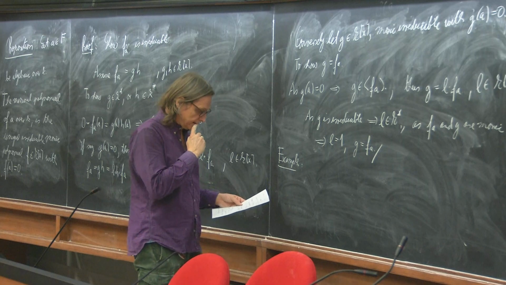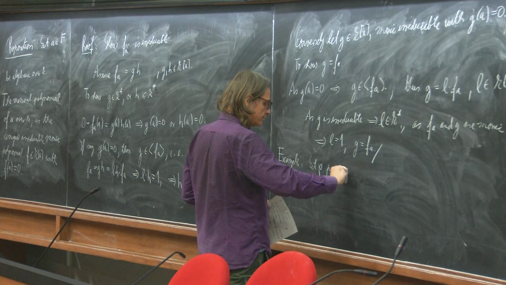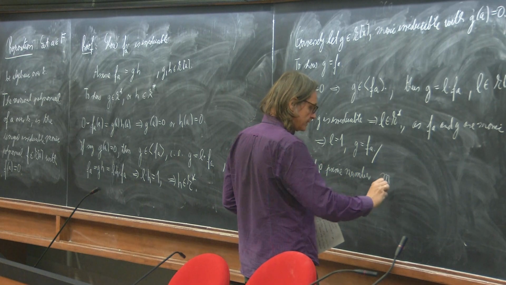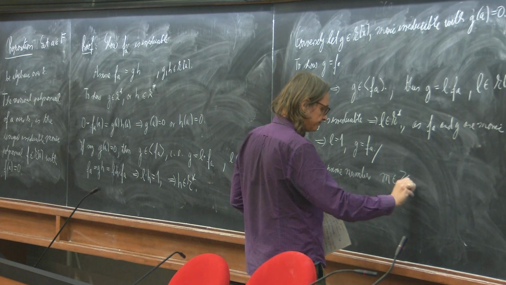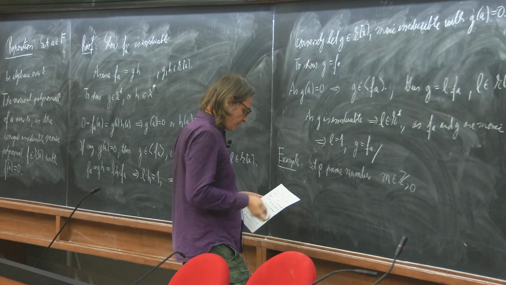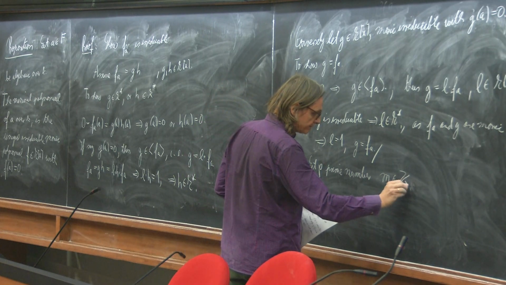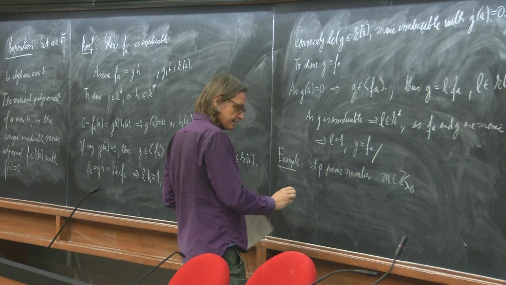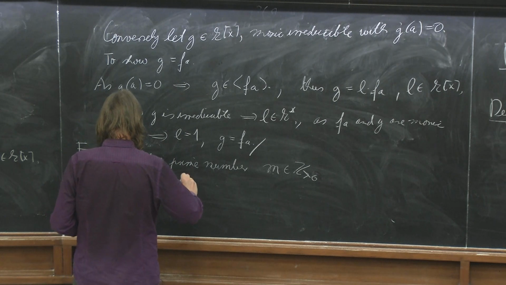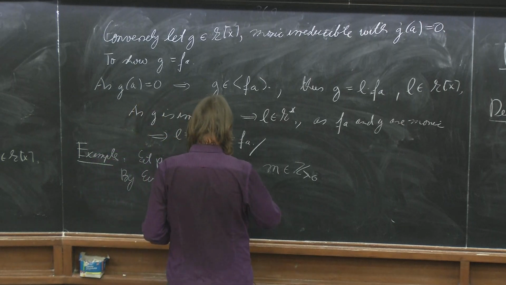So we had seen that if P is a prime number and M is some positive integer, then by Eisenstein criterion, we have that x to the m minus p is irreducible.